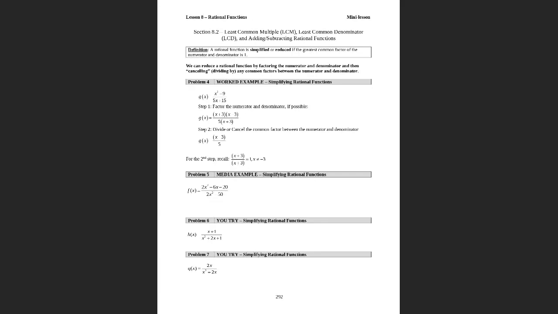Now, let's talk about the LCM, or the least common multiple, or the least common denominator, and adding and subtracting rational functions.